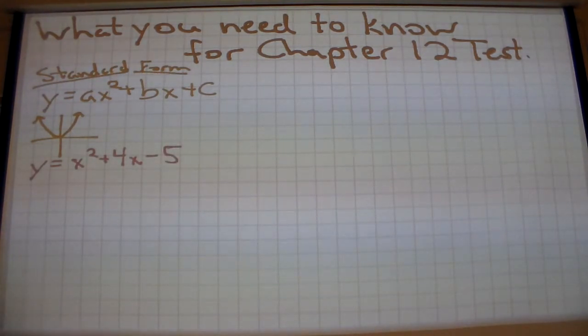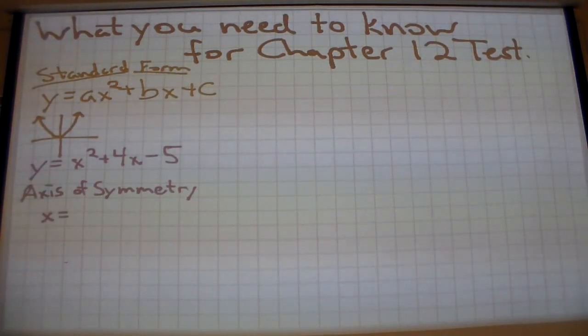So the first thing we could look for is the axis of symmetry. In this form, when it's x squared plus something x plus a constant, x equals negative b over 2a gives you the axis of symmetry.